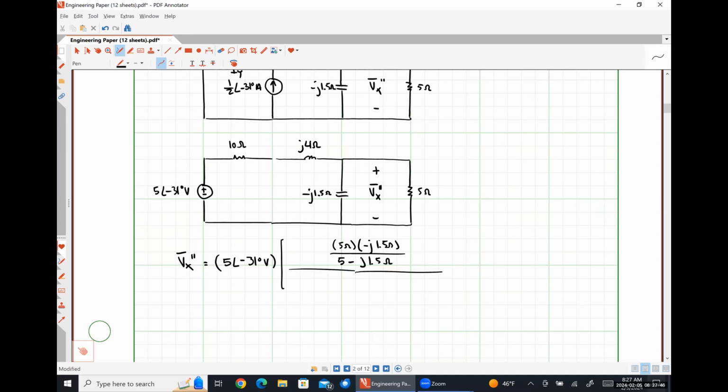And then down here, we're going to have the 10 plus J4, and then that same parallel combination. So let me throw this into my calculator if it'll turn on.